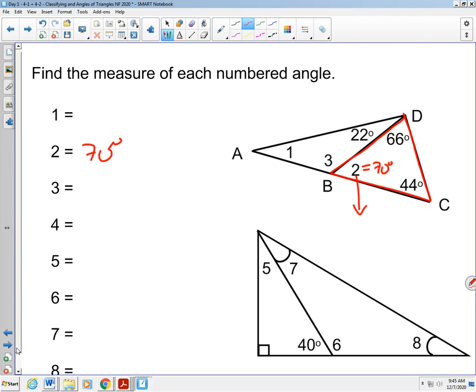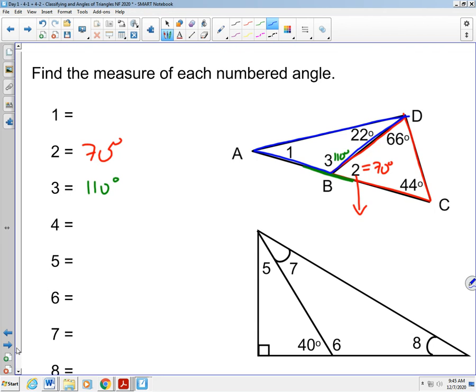If you look at angle 3 and angle 2, okay, this pair, they form a linear pair. Therefore, angle 3 has to be 110. Okay, so angle 3 would be 110 degrees. Now, take a look at angle 1. So, if you look at this obtuse triangle, 22 plus 110, that would be 132.